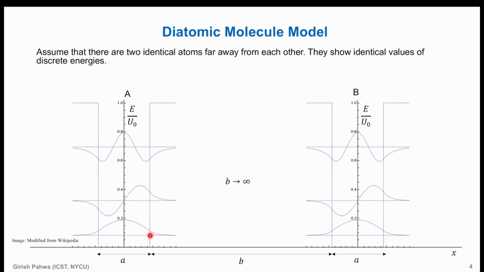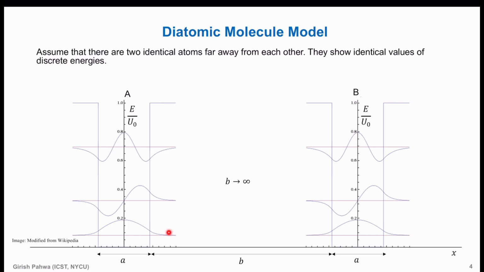And if you have a finite square potential, some of the wave function will also leak here. If this would have been, say, infinite potential, the probability of finding the electron outside the potential well would have been 0. But because this is finite, some of this will leak. So there is a finite probability of finding the electron outside this well as well.